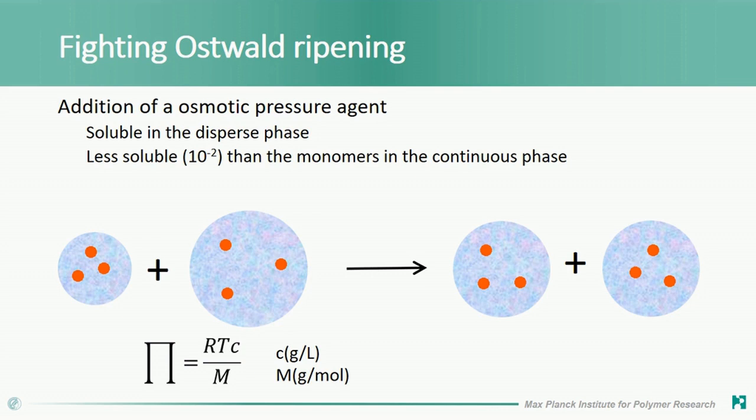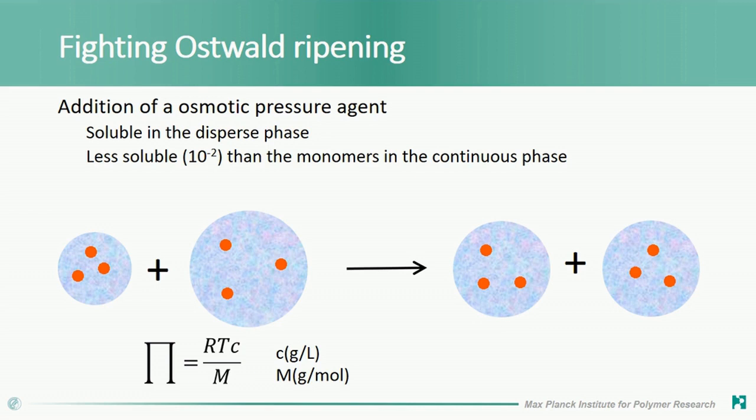You want something to be very soluble in the droplet and very insoluble in the continuous phase. Usually, it doesn't need to be completely insoluble, because nothing is insoluble, but you want it to be much less soluble than the monomer.